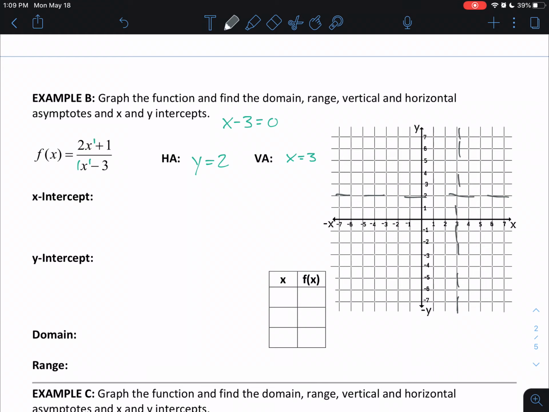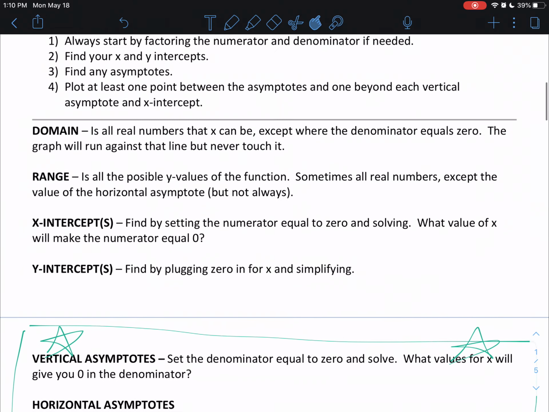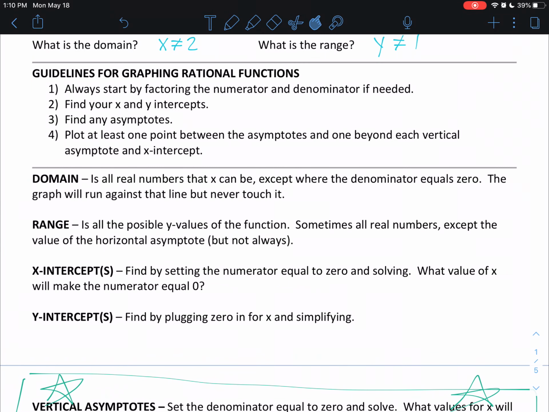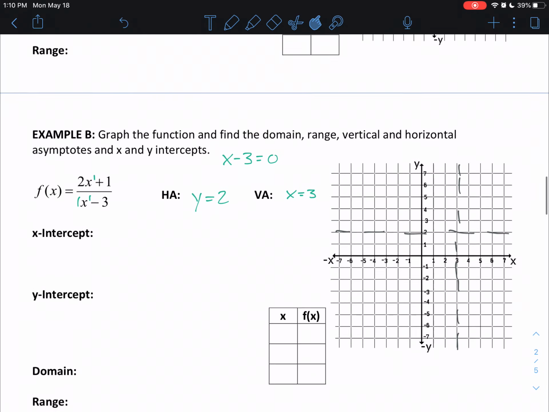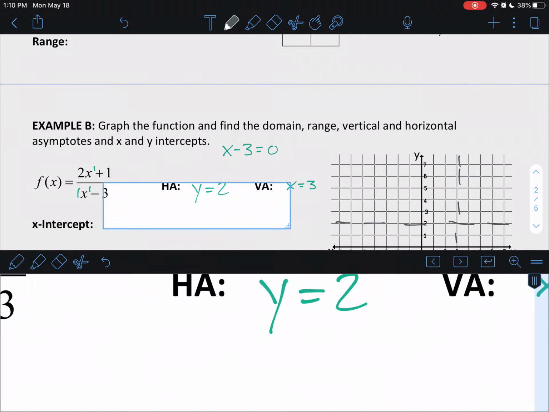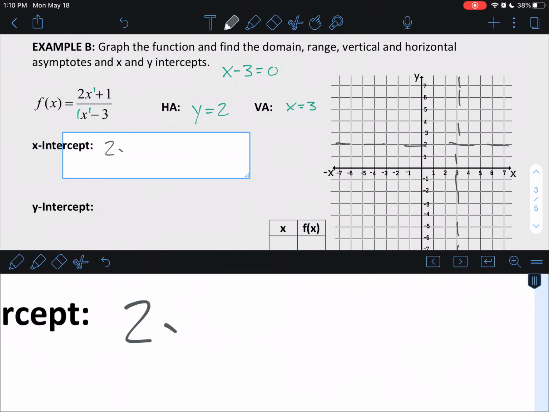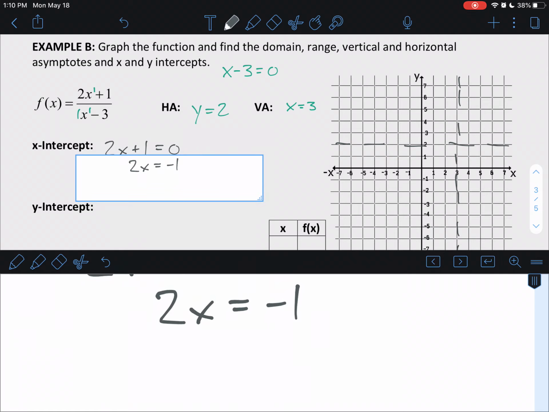To find the x-intercept, it says the x-intercept is found by setting the numerator equal to 0 and solving. So I'm going to have 2x plus 1, because that's my numerator, equals 0, and then solve. Subtract 1 from both sides. So I got 2x equals negative 1, and divide by 2, x equals negative 1/2.